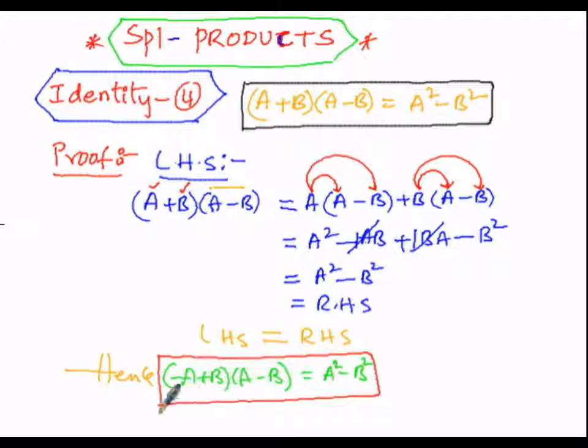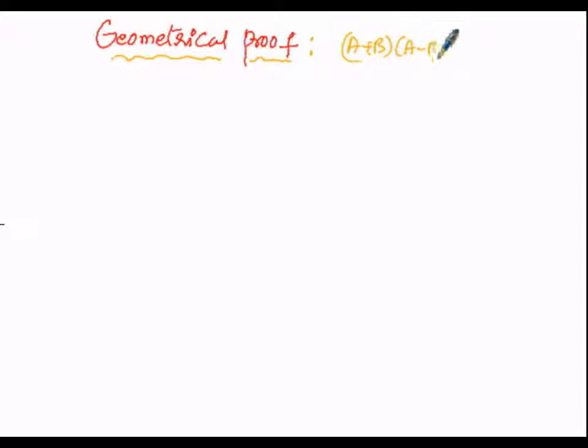So, we proved it algebraically, then we are going to prove it geometrically. Now, the geometrical proof starts. So, here is the geometrical proof of identity number 4, that is (a plus b) into (a minus b) equals a square minus b square.